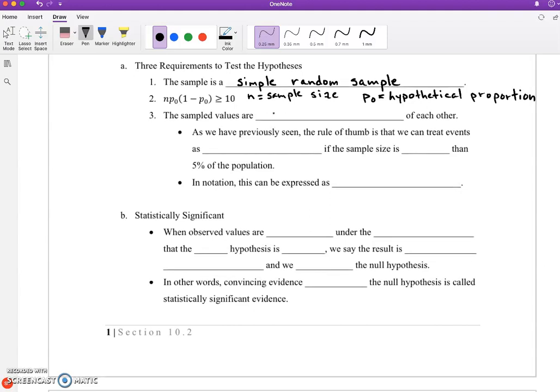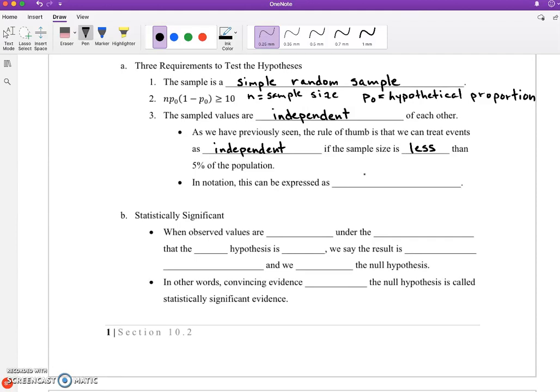And the sampled values we have need to be independent of each other. So remember, from way back in chapter 5, we can treat events as independent if the sample size is less than 5% of the population.